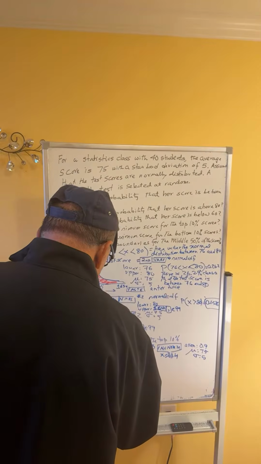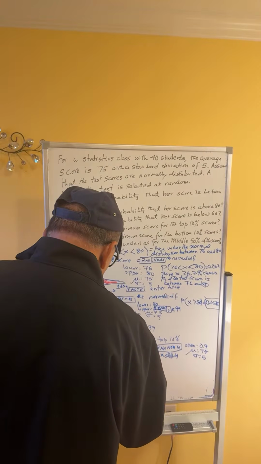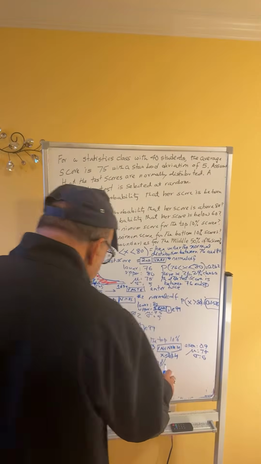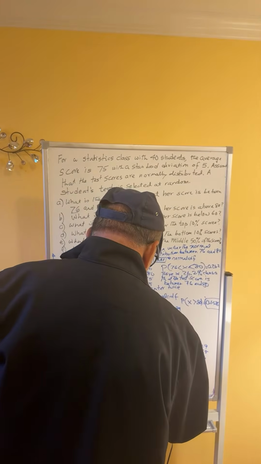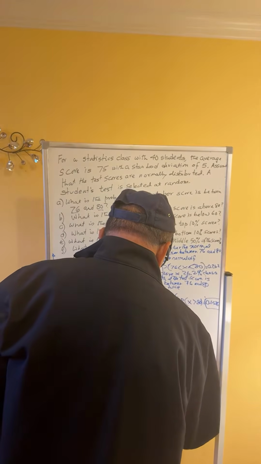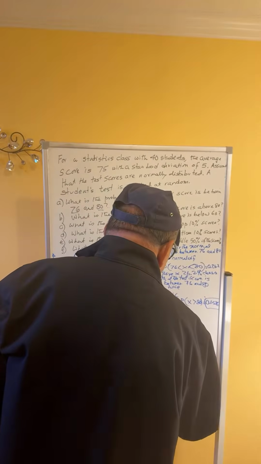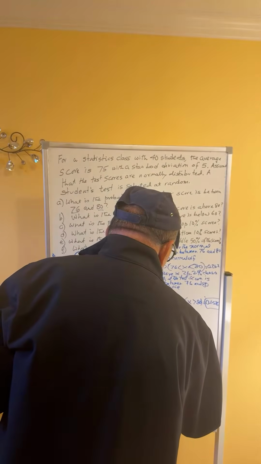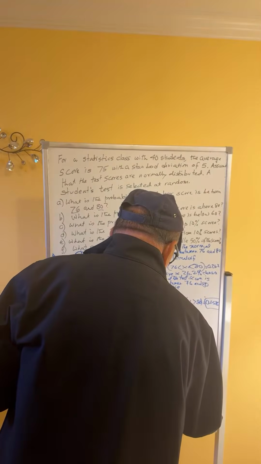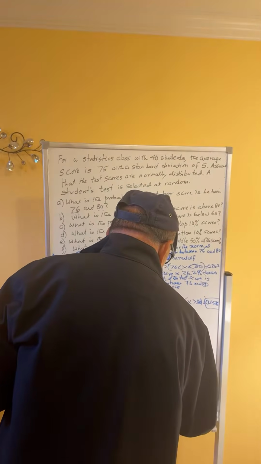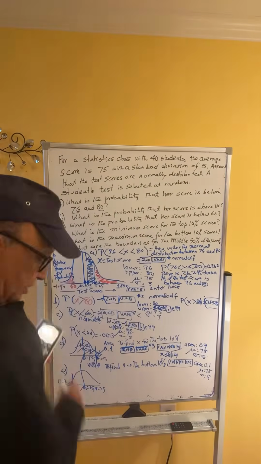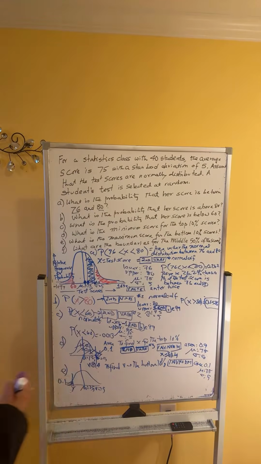the only thing that will change is in invNorm, second verse 3, area to the left is now, area is no longer 0.9, area is 0.1, mu is 75 and sigma is 5. So you understand, always area to the left.